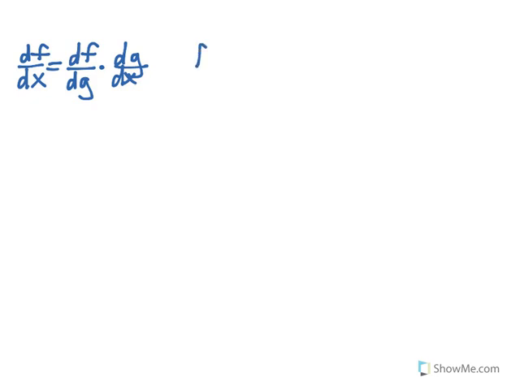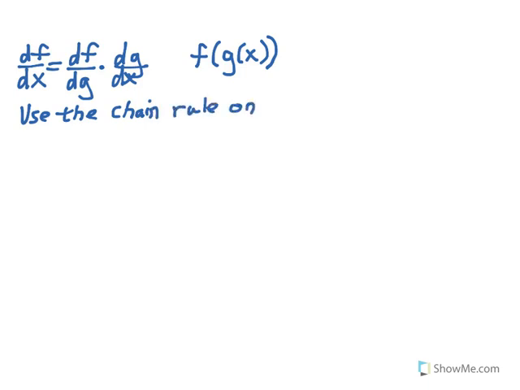In other words, when you have an outer function, f, which acts on an inner function, g, which acts on your independent variable, x. So, in general, you use the chain rule when you have a compound function: a function inside of a function.